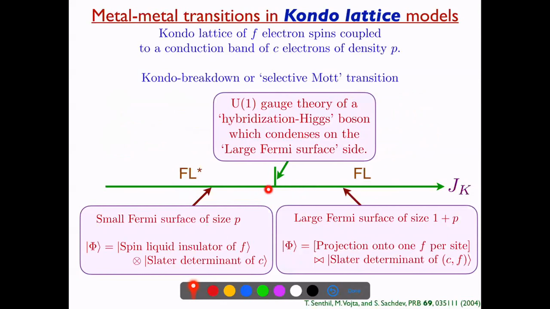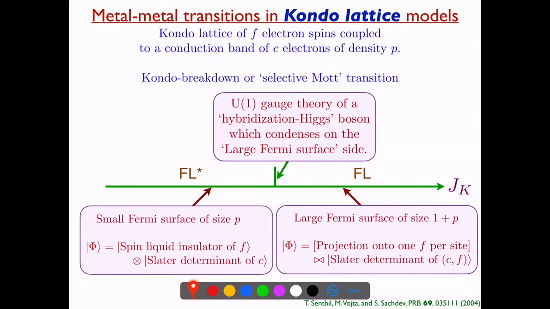If you do a more sophisticated theory of this, it turns out to be U1 gauge theory, where effectively you go from a Higgs phase on this side to some kind of deconfined phase on the other side. I don't have time to go into the details of all of that, but this is now fairly well understood, the nature of this transition between a small Fermi surface and large Fermi surface described by a gauge theory.